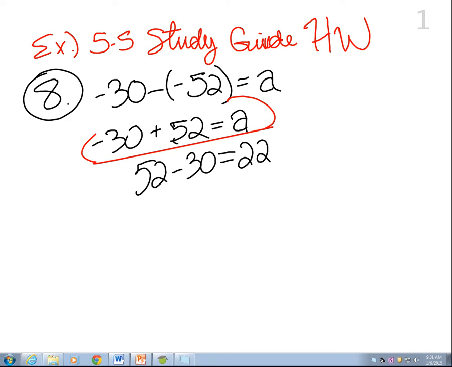So I'm going to circle that because that is my answer, and that's what your work should look like. That was what we did from yesterday's lesson, combining the two things. Then tomorrow we do the multiplication and division, which is easier.